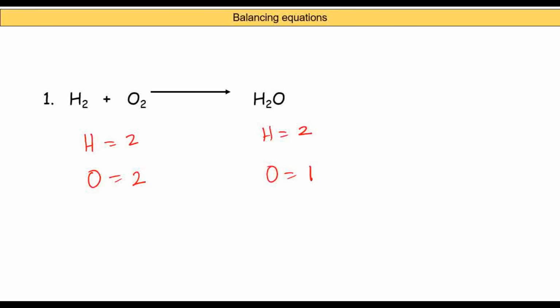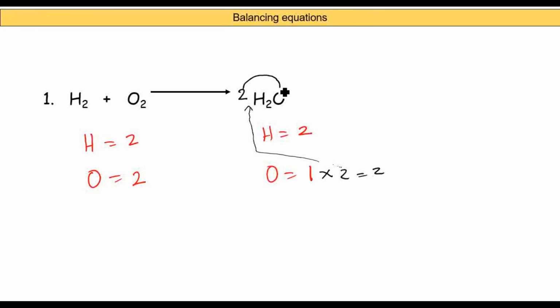So straight away we see that our oxygens are off. So how can I get it to be 2 on that side? We need to now have 2.